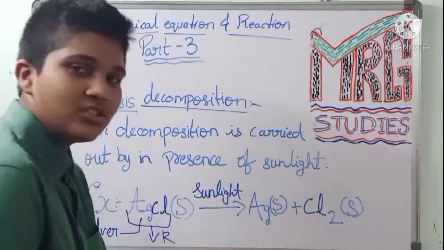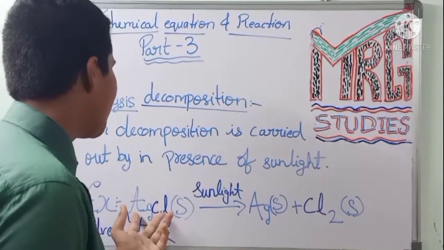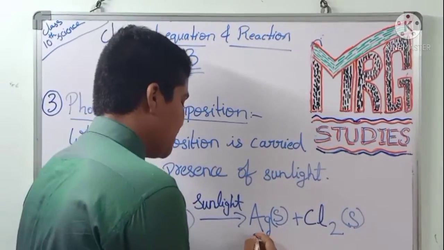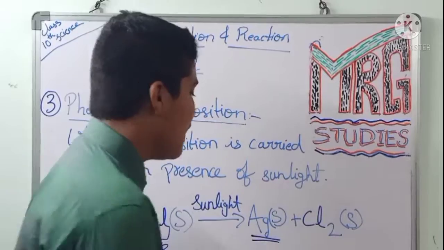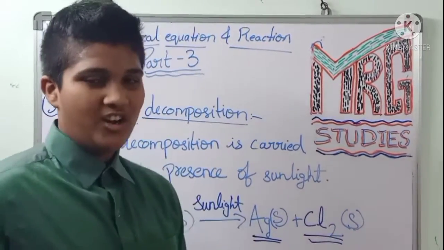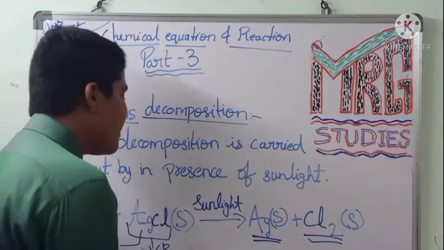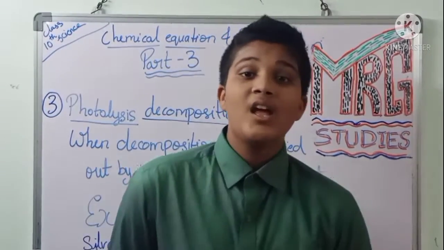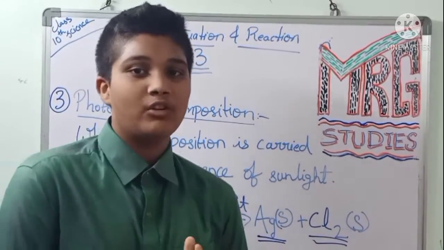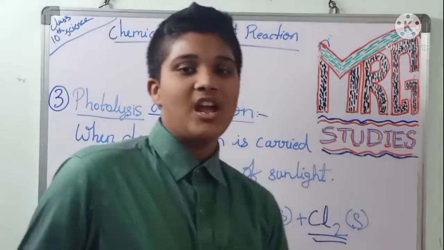In the solution, this substance has divided into two substances: silver separated and chlorine also separated. Both are solids. This chemical reaction helps us in black and white photography.